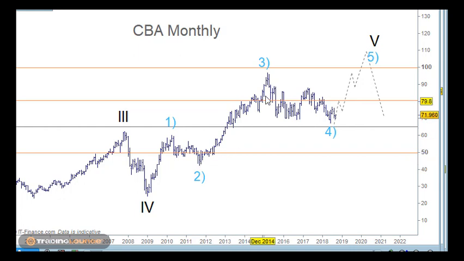So this third wave is a big event, and the fourth wave is normally the settling period for that. The wave 4 here too has also pulled back to its Fibonacci retracement level, the 38.2%. So yeah, it's looking quite good.